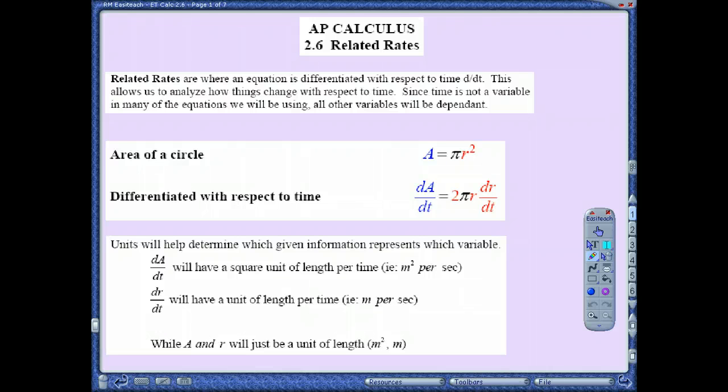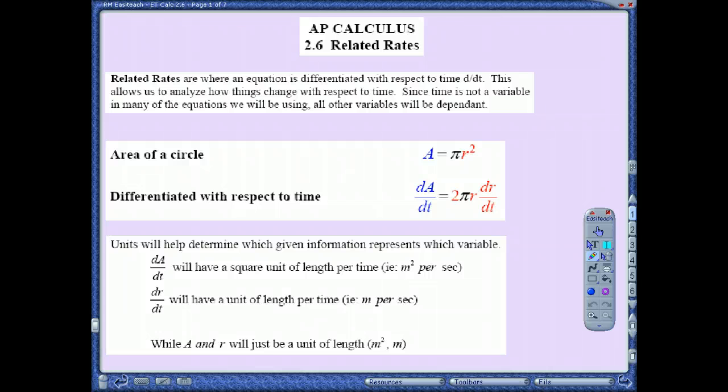Well, when we look at a normal equation, let's take that area of a circle. We've got the area equals pi r squared. When we look at that equation, there is no t variable in there. There's no time. So when I differentiate that, you are going to have a differential for both of those.